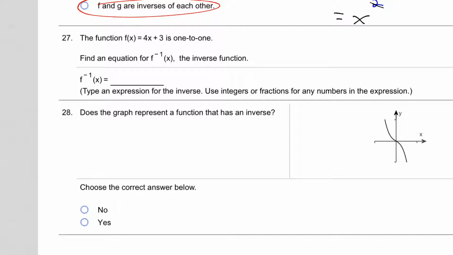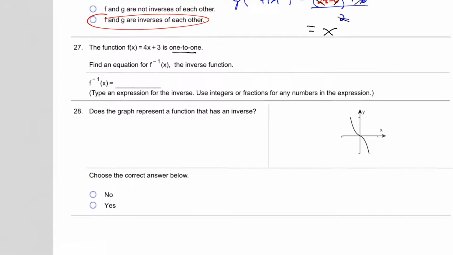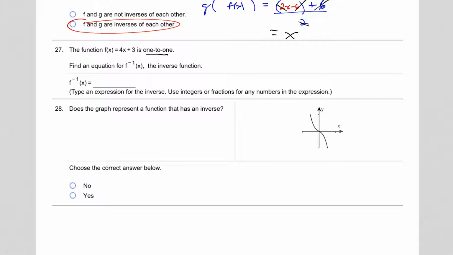Okay, so 27, we're going to find the inverse function. As you can see, this is 1 to 1. If you remember, the first step is to know that it's 1 to 1. Second step is to change the f of x to a y.